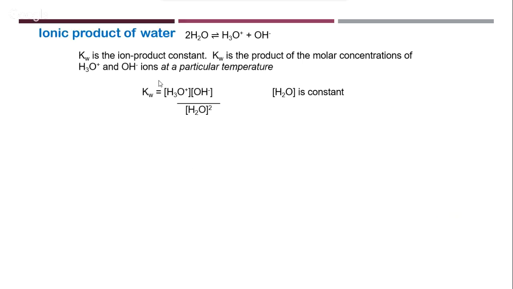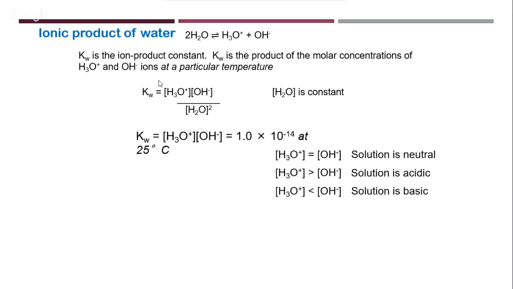But please note that H2O square is going to remain constant, and therefore we can simply omit that. The ionic product can simply be written as H plus into OH minus. Instead of H plus, we are writing this as hydronium ion, and we are also fixing the temperature at 25 degrees Celsius.